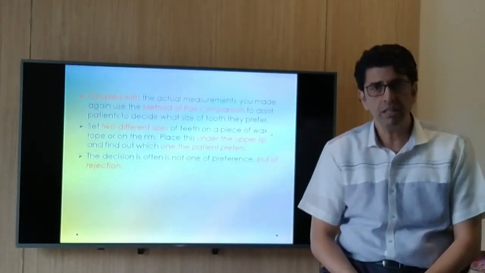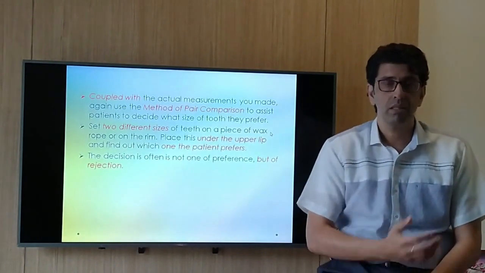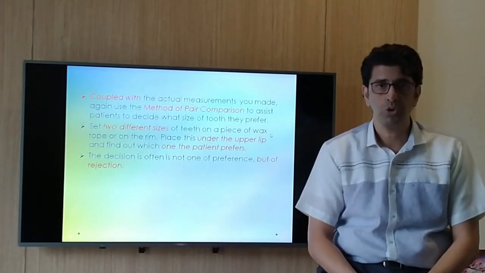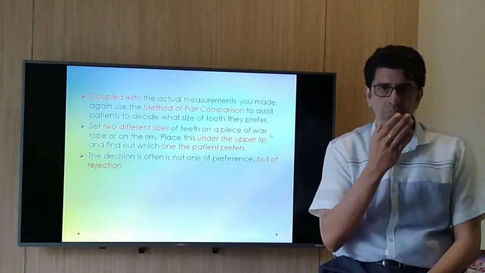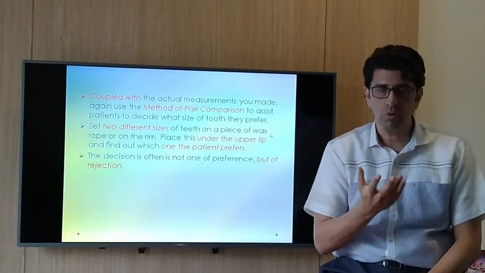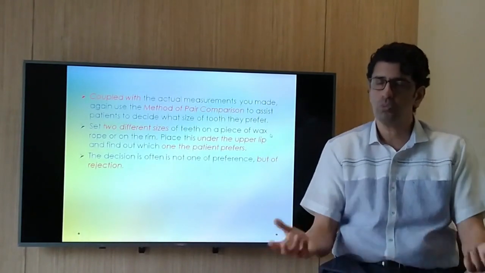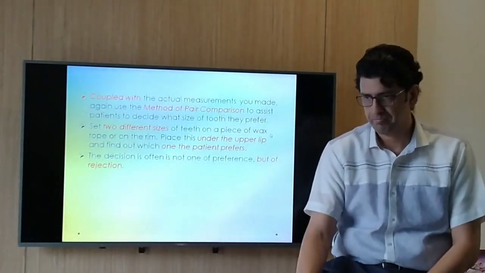And if it's still difficult, personally I would suggest do an anterior try-in. Just set up the anterior teeth and show it to the patient. If the patient is not happy, you can modify one side with another mold, see how the patient feels, and select between the two of them. It's a lot of work, but if there's no other way, that's one thing that you can do.